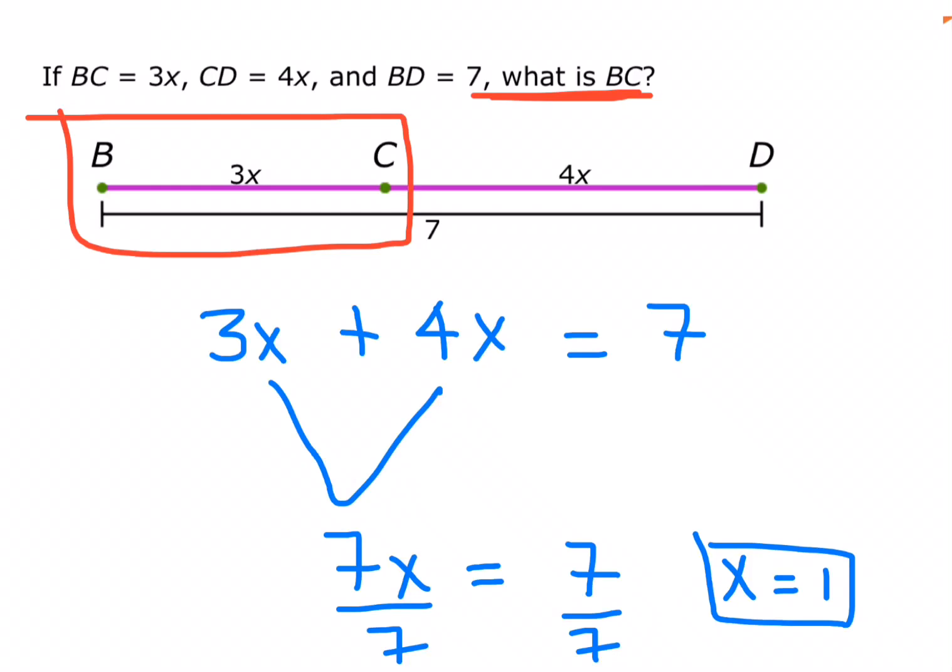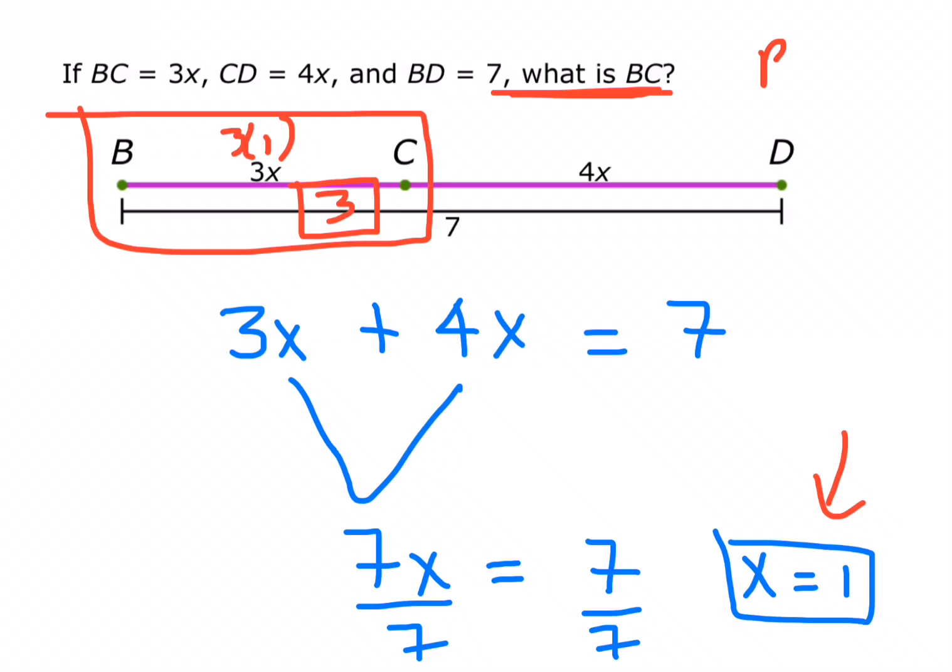But do I know what x is? Well, wait, I do. I know what x is because we just solved for it. X is equal to 1. So I'm going to plug it in here. 3 times 1 is just 3. So your final answer would be BC is equal to 3.